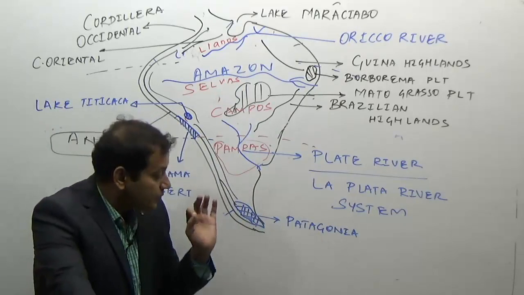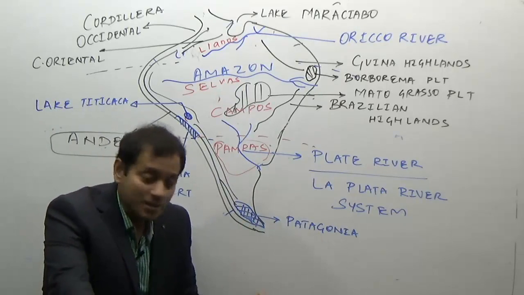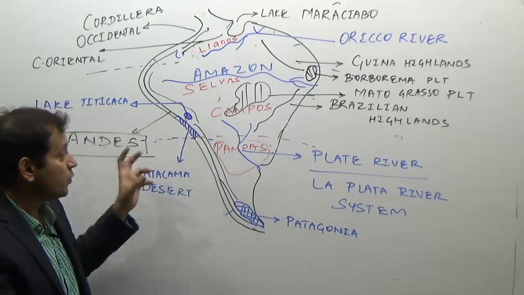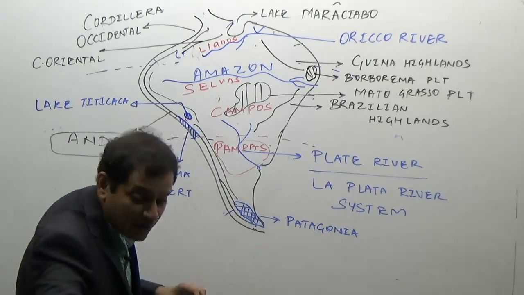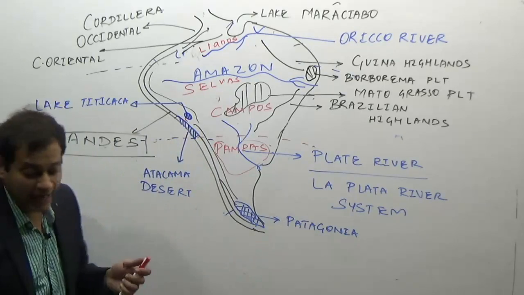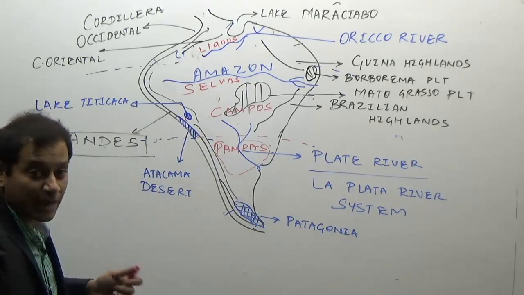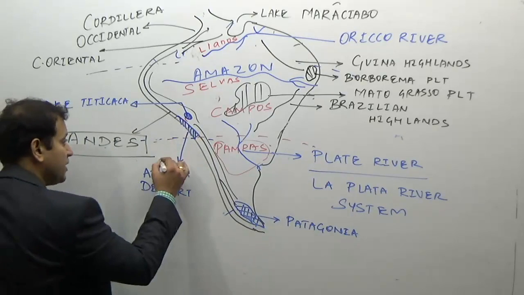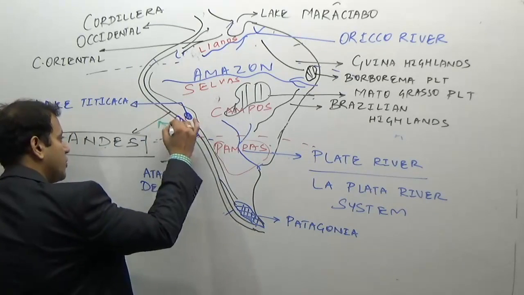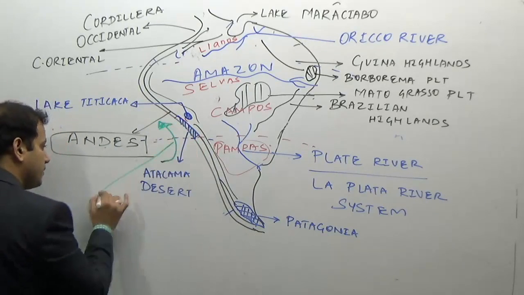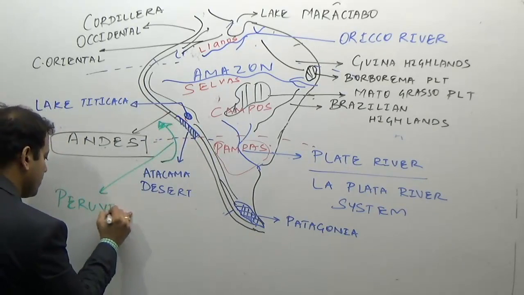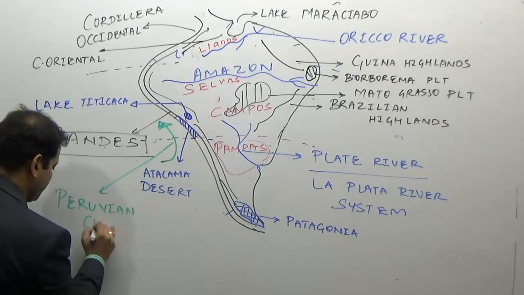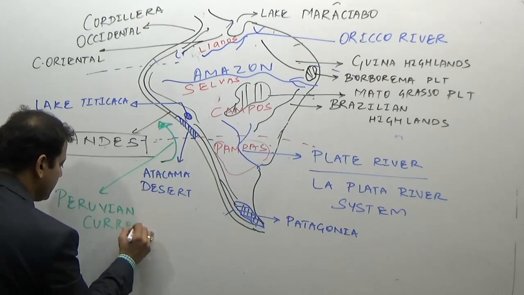And if we look at the desert systems, we have the Atacama Desert, which is the driest desert in the world, and it is washed by a cold current known as the Chilean current, or the Peruvian current.